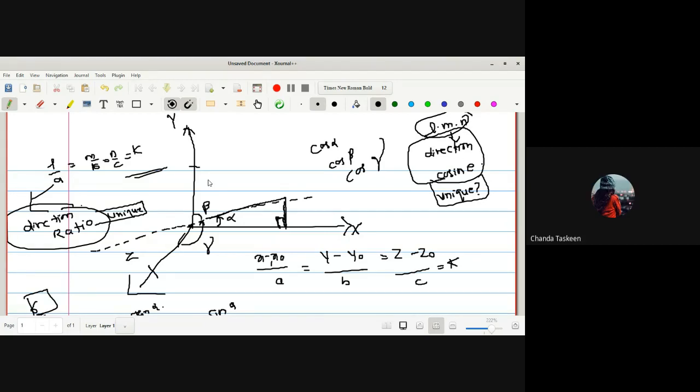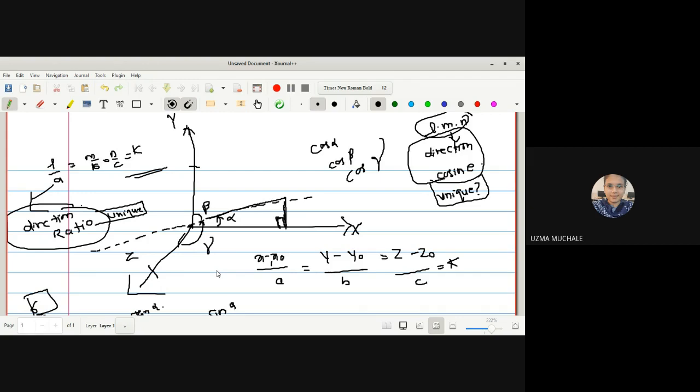Okay. If you understood this, let me keep this as homework for you: you have to find out the relation between direction ratios and cosine, and verify whether whatever I have written here is correct or not. For direction cosines I will give you a hint.